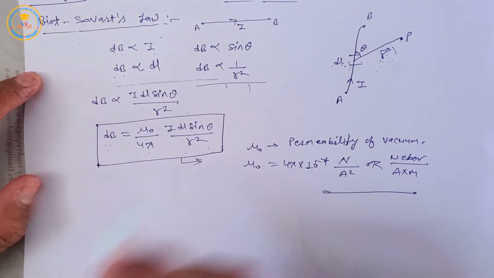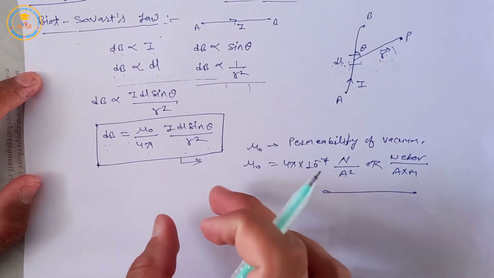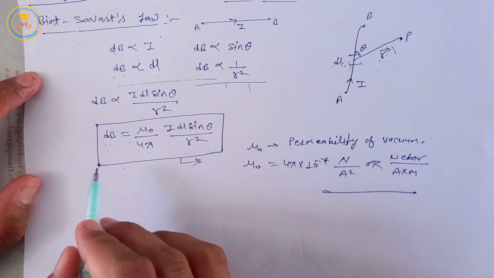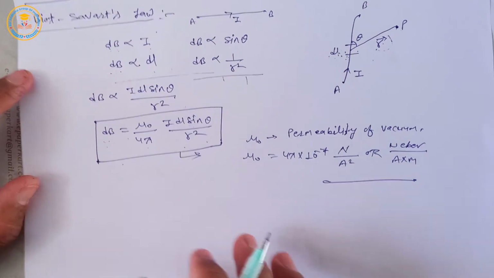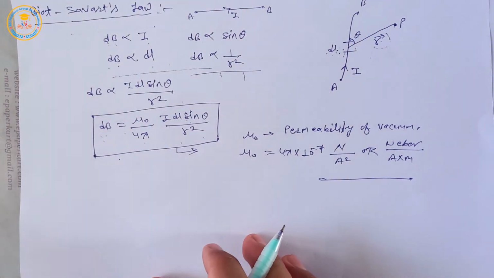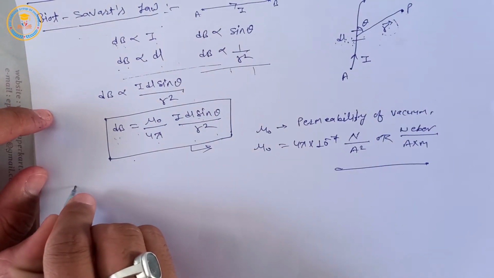This equation is the mathematical form of the Biot-Savart law, and it represents the intensity of magnetic field due to a small current carrying element.